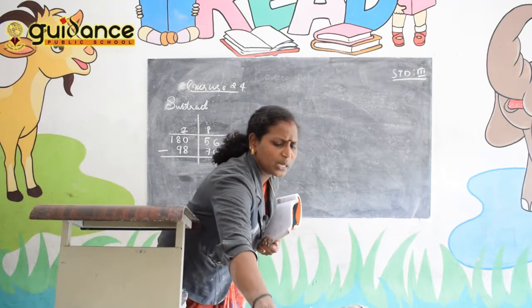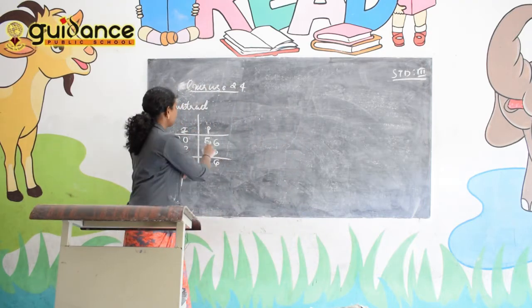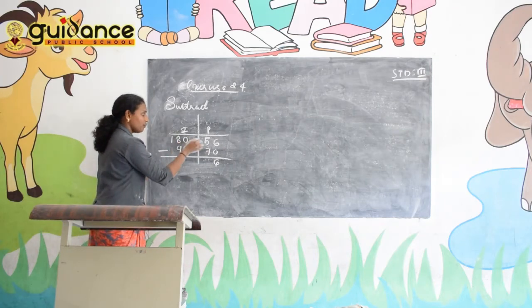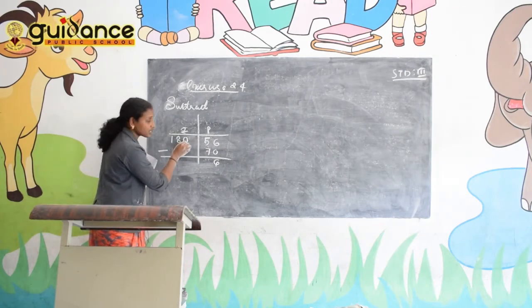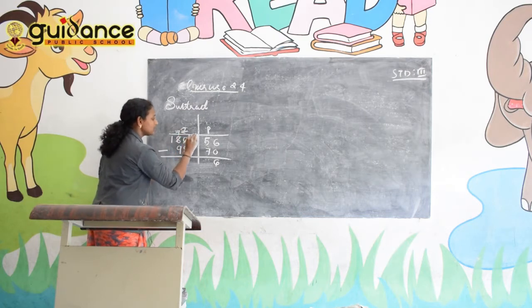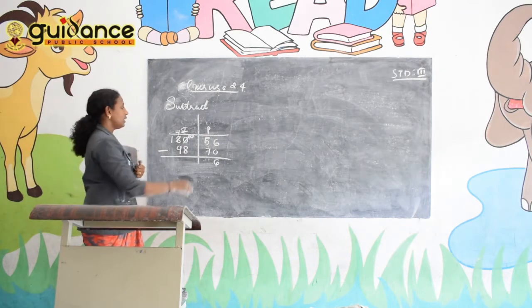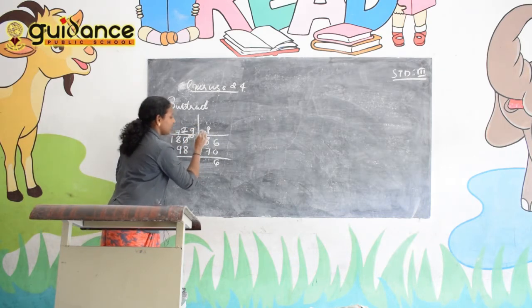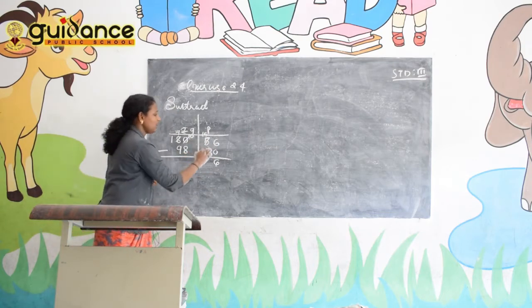It's not possible. There are not enough on the top. That means take a borrow. We will come here. 0 we cannot take. Then here the next 7 and 0 becomes 10. Then take a borrow, 9. Here 15. 15 minus 7.